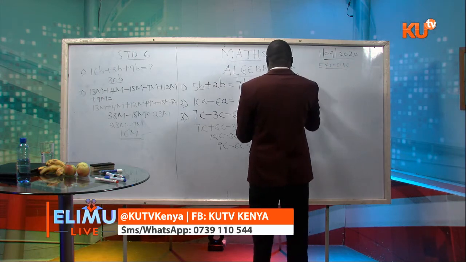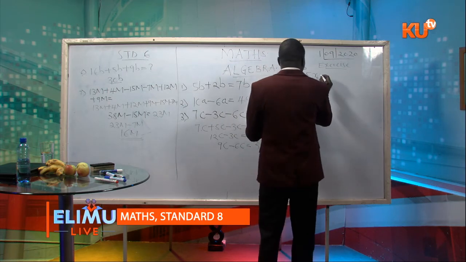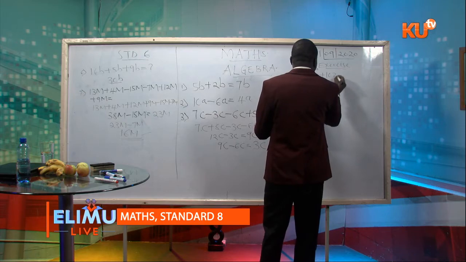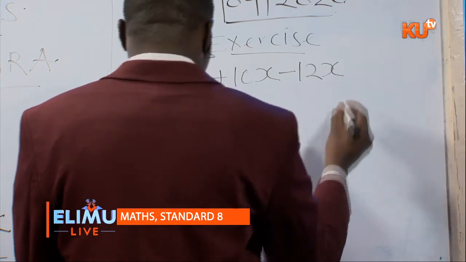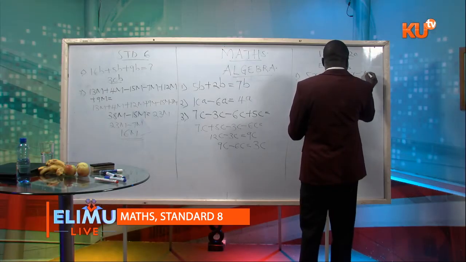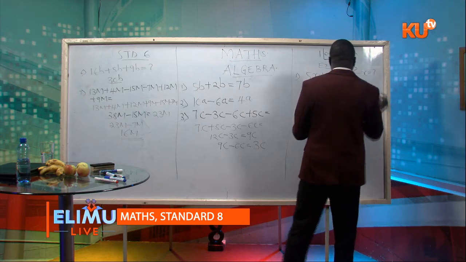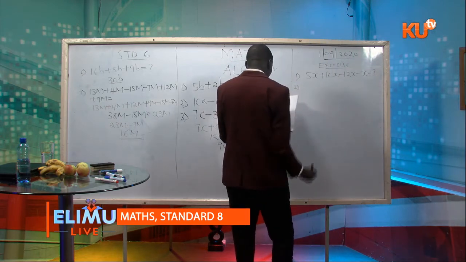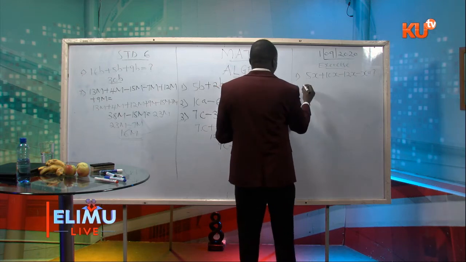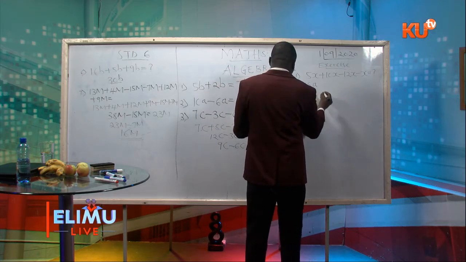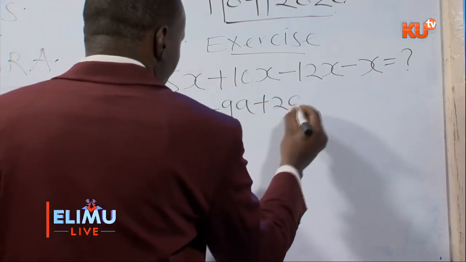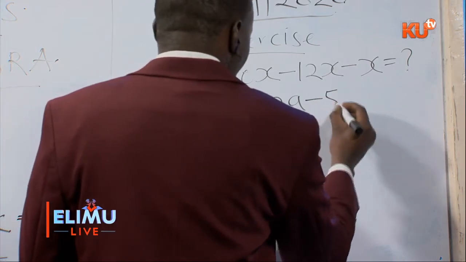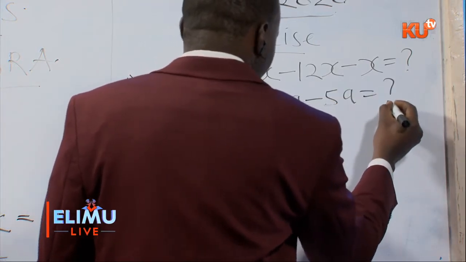Number 1, 5x plus 10x, take away 12x, take away x. What do we get? Number 2, 18a, take away 9a, plus 2a, take away 5a. What is the answer?